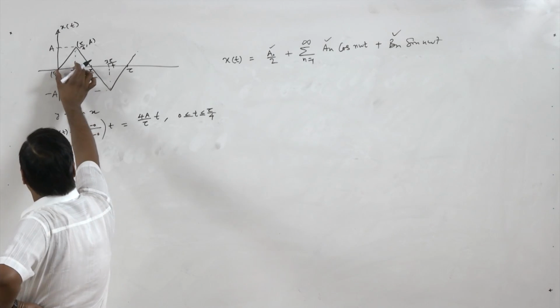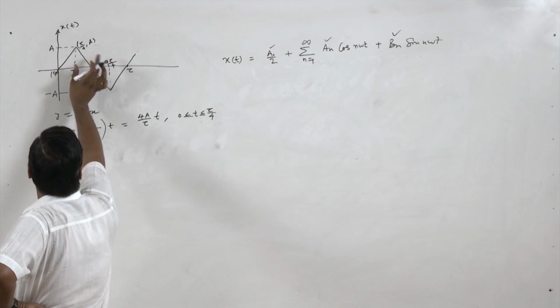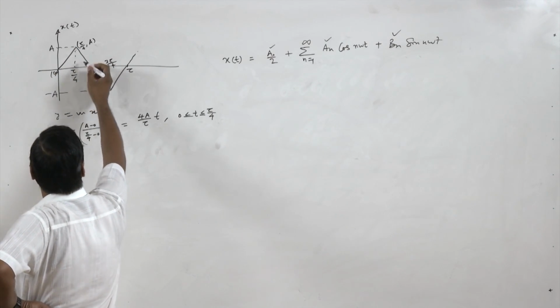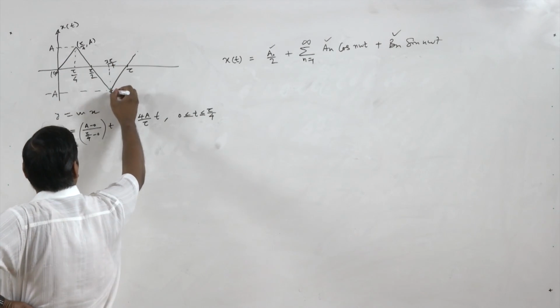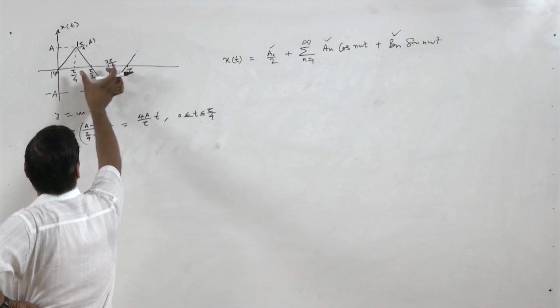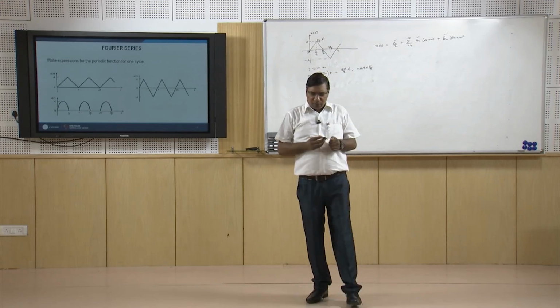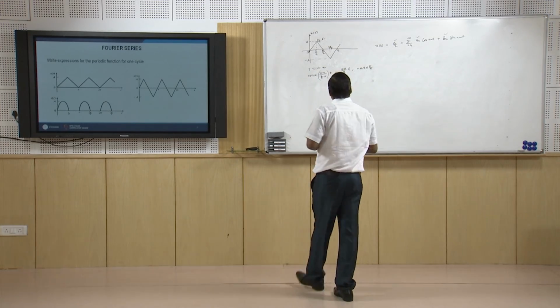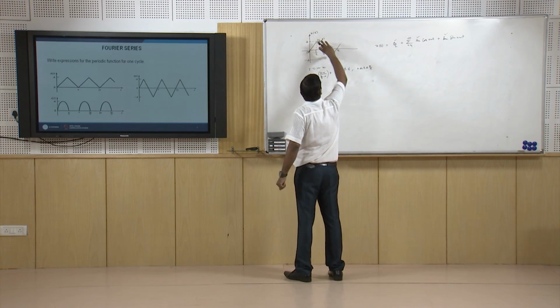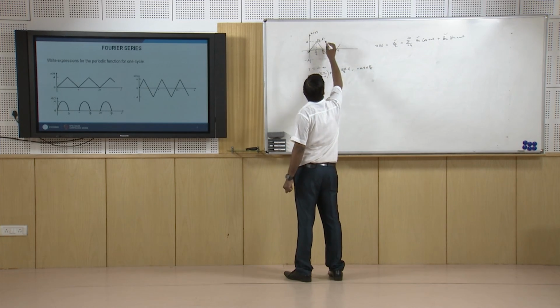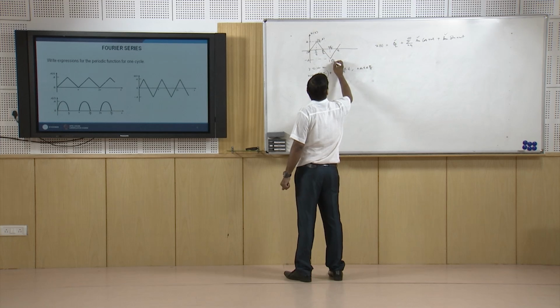So it is defined for a quarter cycle. Now we have to define this next part. So this is a straight line from tau by 4 to 3 tau by 4. This straight line will represent the periodic function in this range.